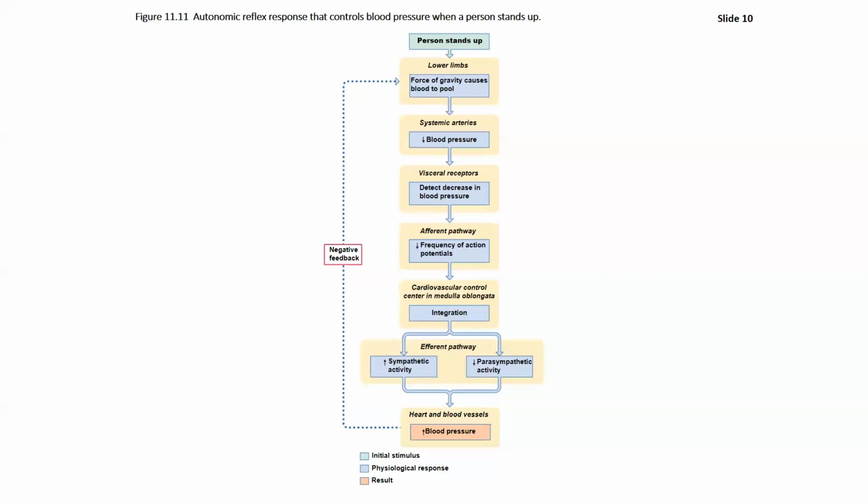And because this is an autonomic reflex, it's an autonomic response, we have zero cognition of this happening. Okay, this just happens autonomically. All right, any questions on this? So this is one example of how the autonomic nervous system, both sympathetic and parasympathetic, can bring about several responses.